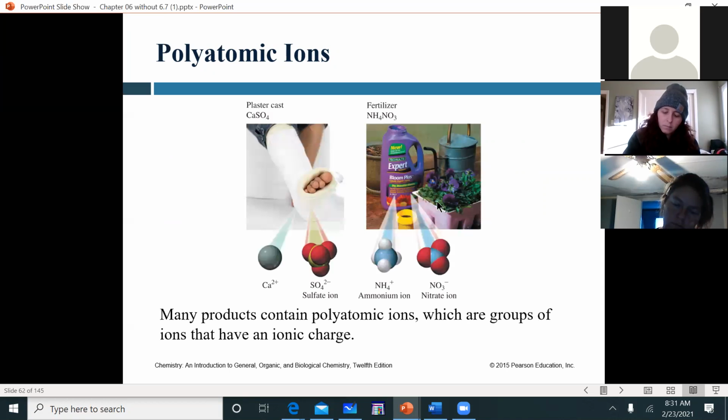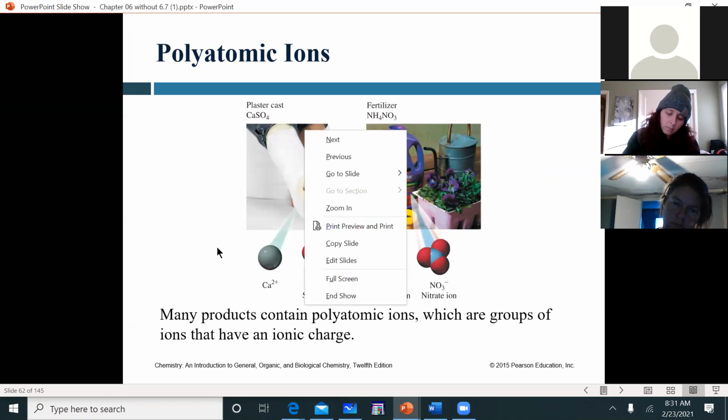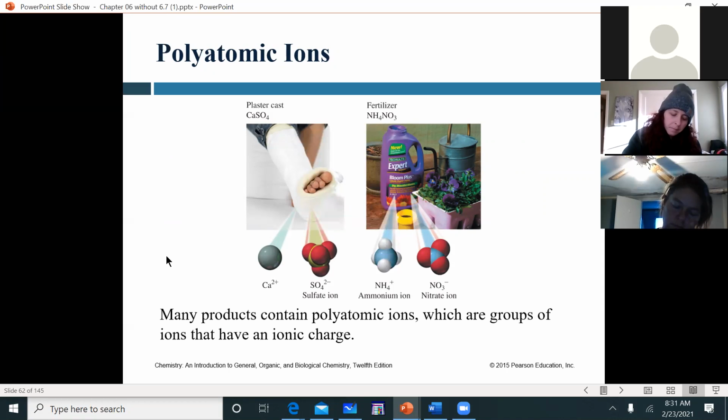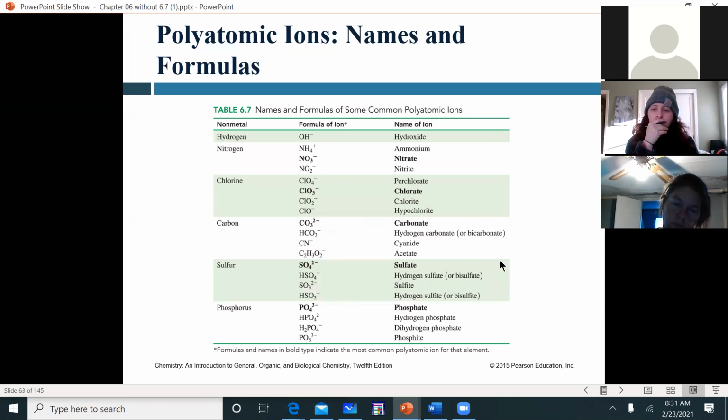Okay. So sulfate is a really common polyatomic ion. Nitrate also. Calcium sulfate you find in casts, CaSO4. Ammonium nitrate is a fertilizer. We've got actually 2 polyatomic ions smooshed together here. So here's a list of a bunch of polyatomic ions organized by what they have.